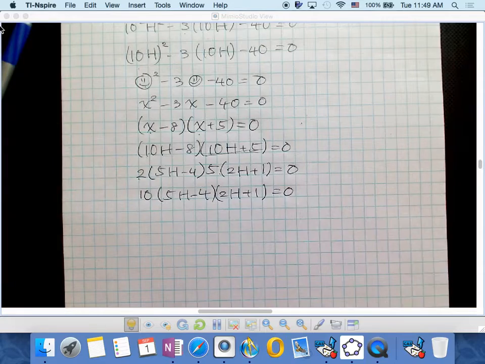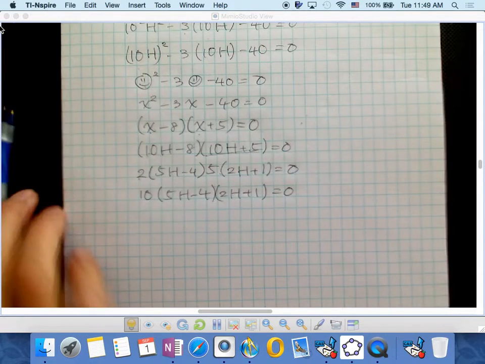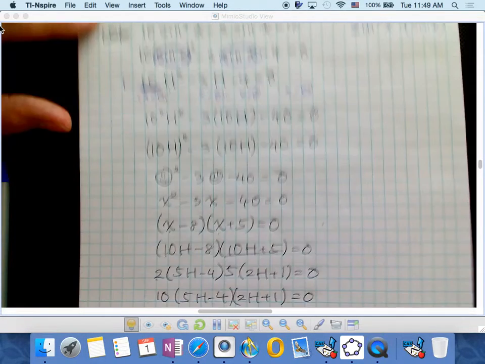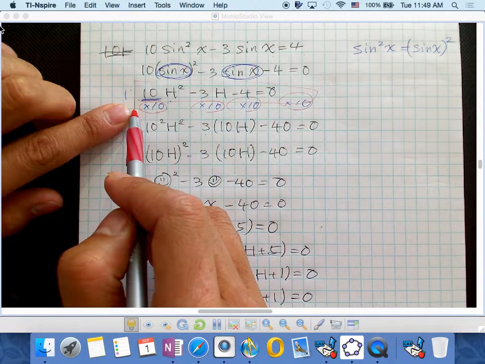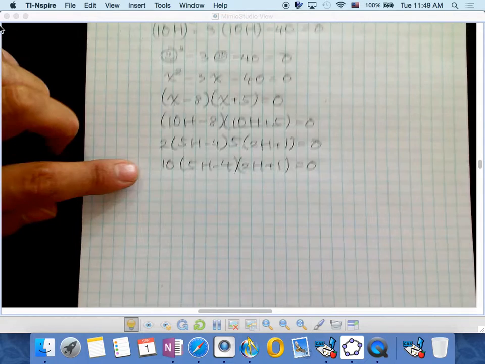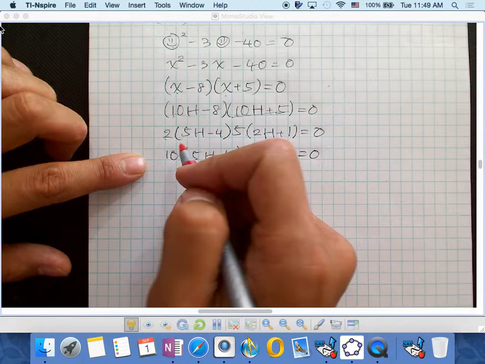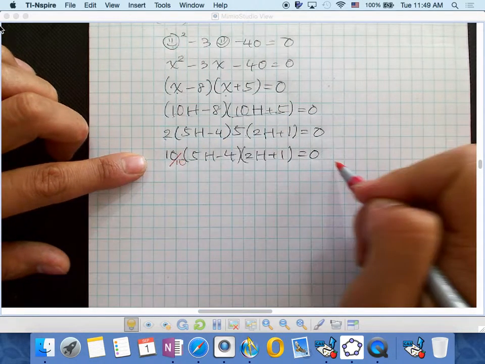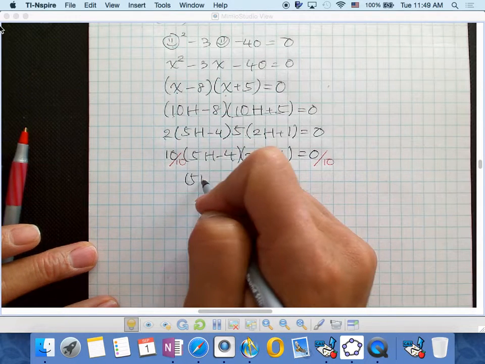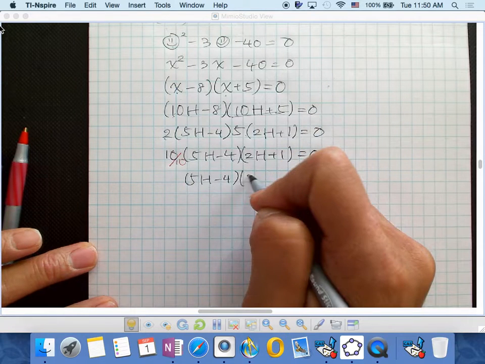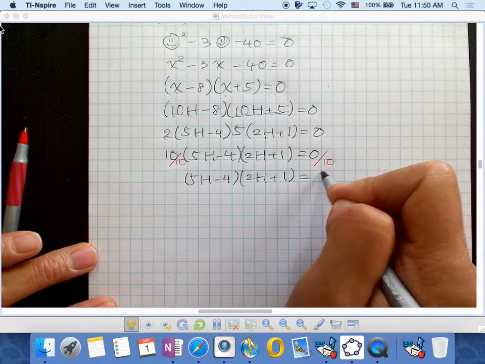And why am I doing this? Because at the beginning of this process, we multiplied this equation by 10. Therefore, we have to divide by 10. So I'm going to divide both sides by 10, and we'll have (5h minus 4)(2h plus 1) equals 0.